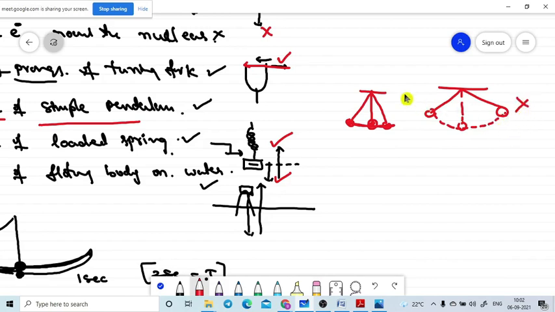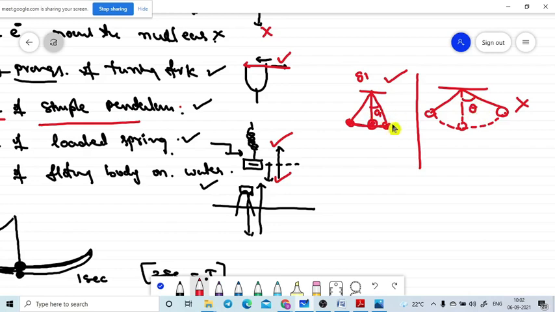This is only simple harmonic motion. Hello, are you getting it or not? So the motion of the simple pendulum for small displacement is simple harmonic motion. For a large displacement, if theta is large, let me take theta 1.